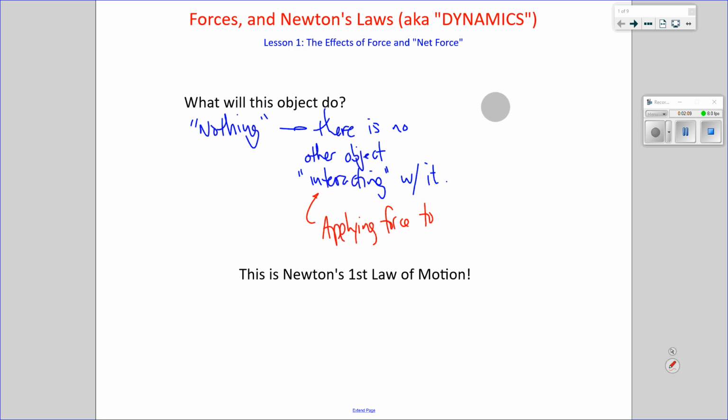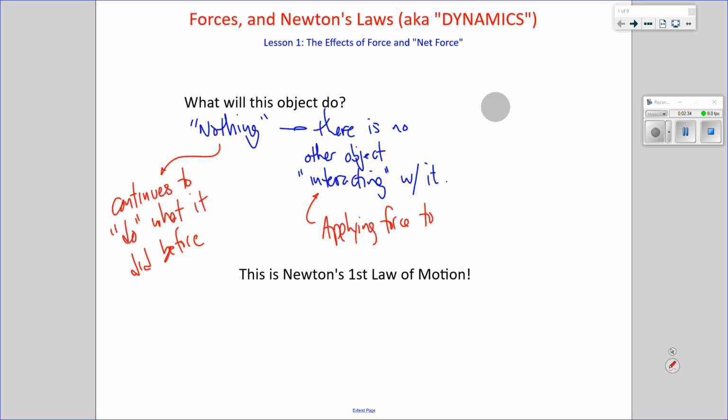So if there's no force acting on this object, then the object, quote, does nothing. Well, what we really mean is it continues to, quote, do what it did before. And that's, in a broad sense, Newton's first law of motion.